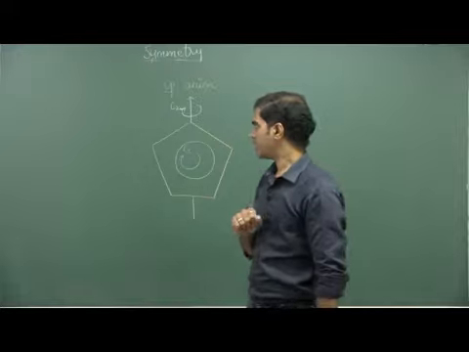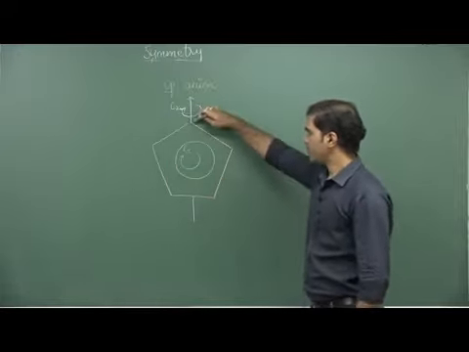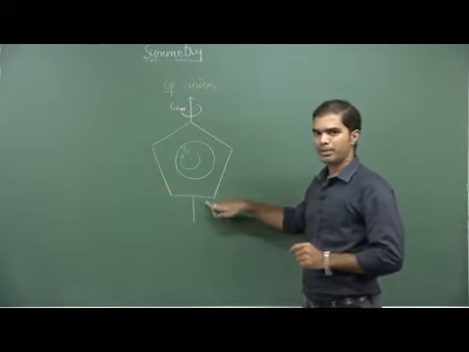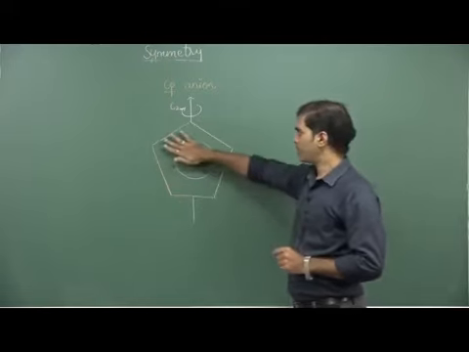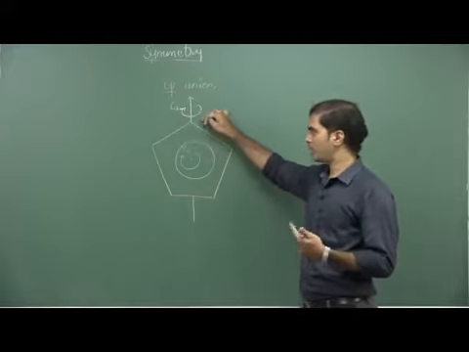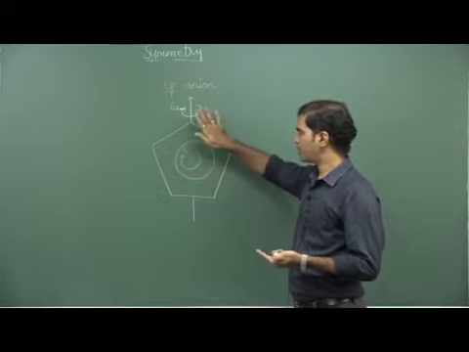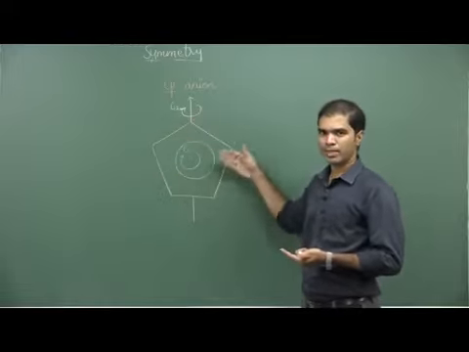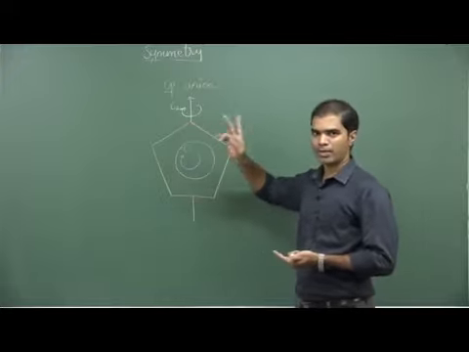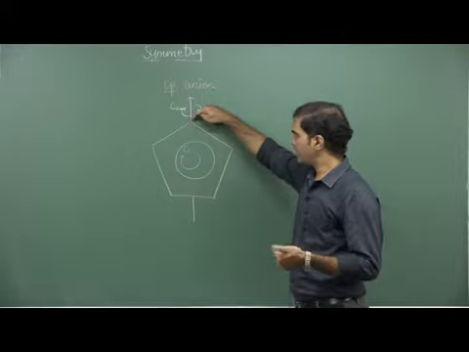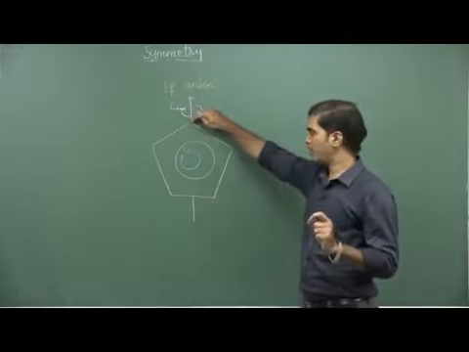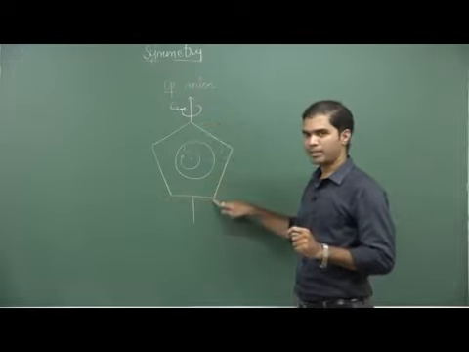For our considerations, you can just imagine this to be like a corner and this to be like an edge. This is like a polygon. Usually for polyhedra we say there is a corner or vertex, an edge, and a face. But for our considerations, you need not think of anything as a face, since it is only a polygon, not a polyhedron. So consider this as a corner for our convenience, and this as an edge.